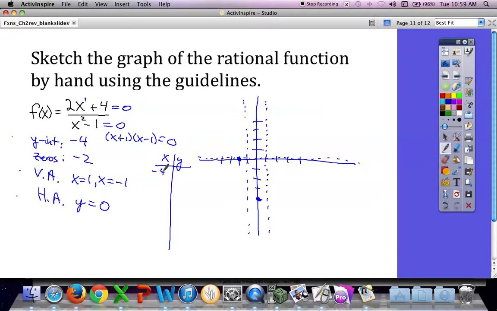Right? I need something in between the 0 and the vertical asymptote, negative 1.5. I need something in between these vertical asymptotes. I already have that, but I need something in between that and the vertical asymptote. How about negative 0.5 and positive 0.5? And then I need something on the other side. How about 2?